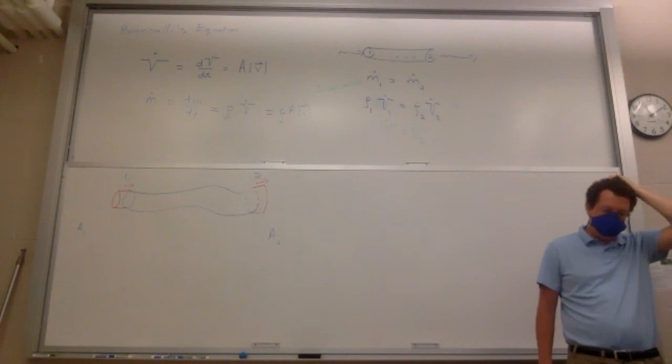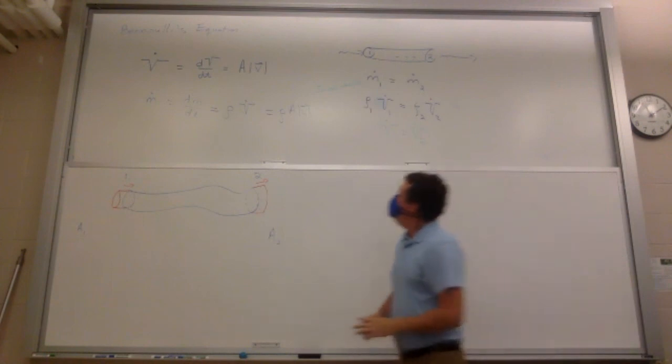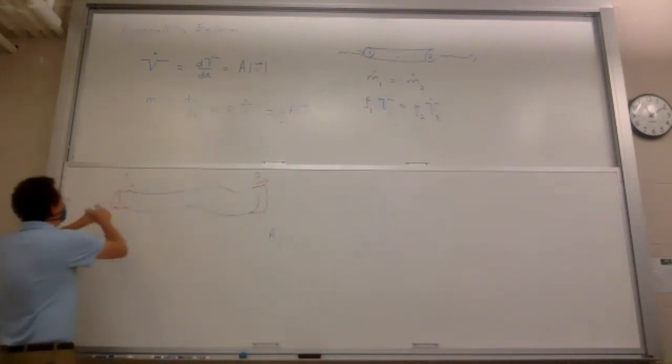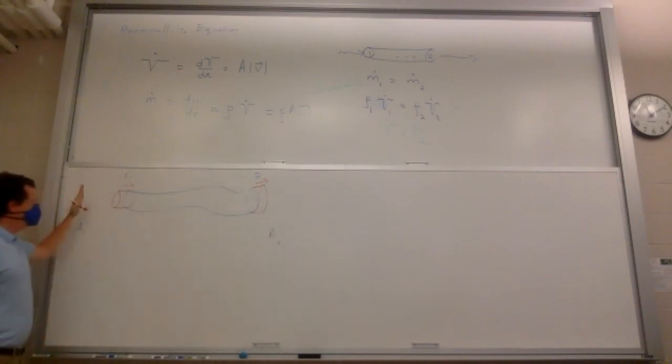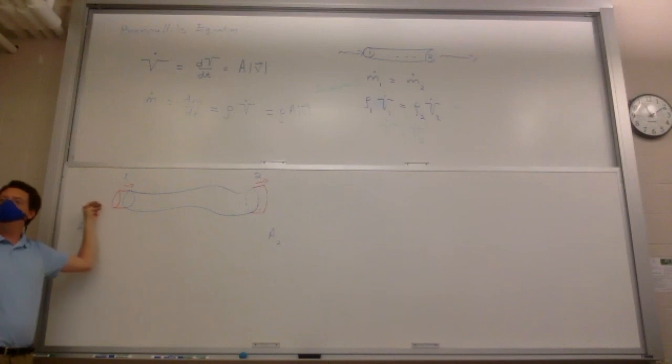So, let's think about this. This is part of some long hose, a garden hose or something like that. So why does the flow move forward? Why did this little segment get pushed in? There's some more behind it. So something pushed on it, right?